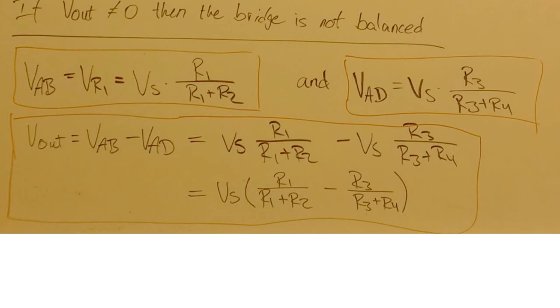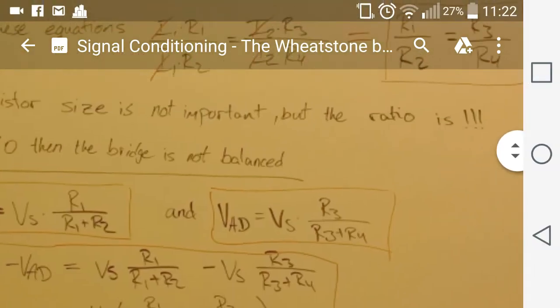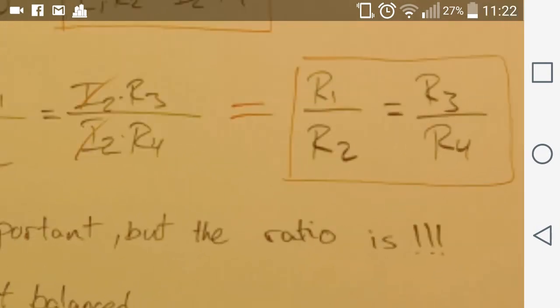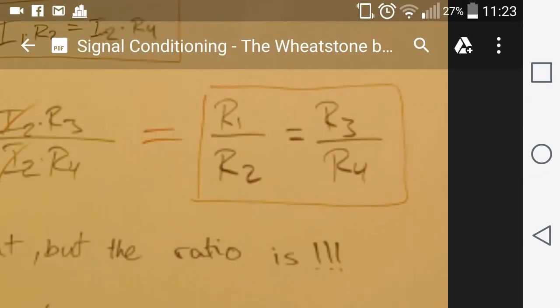And with this we have an equation to find the output voltage when the bridge is not in balance anymore. That is, one of the resistors is different from the others, so that this no longer applies where the ratios between them are equal.